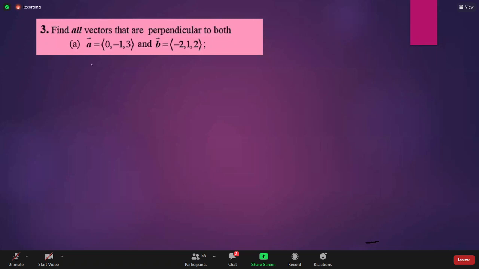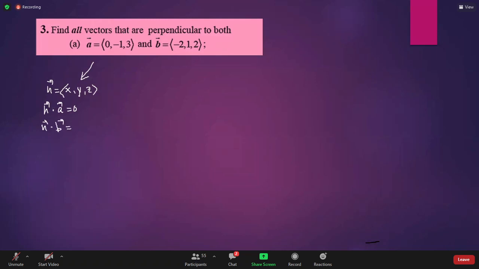A vector N would be (x, y, z), which we don't know exactly yet, but the scalar products, the dot products, N times A should be 0 and N times B should be 0.